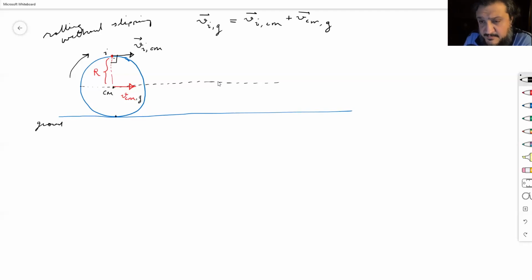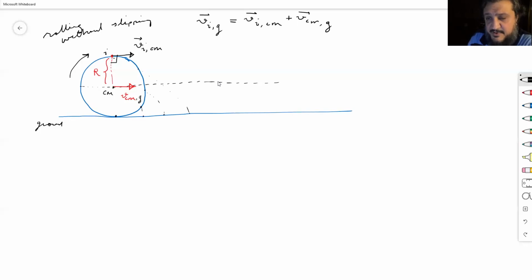Like right now, there's this point which is touching the ground, but I know that a second later, this point over here will meet the point on the road like this. This point over here will come there. This point here will be there. Okay, so there's going to be that connection here.